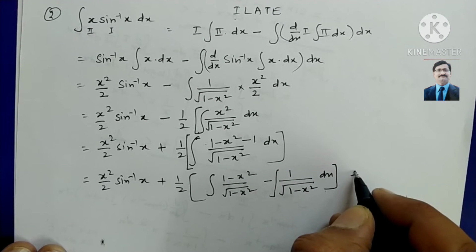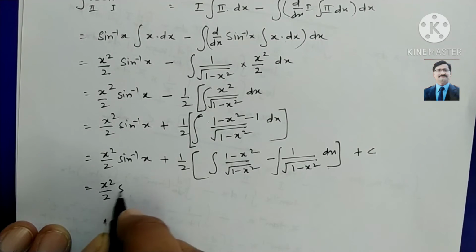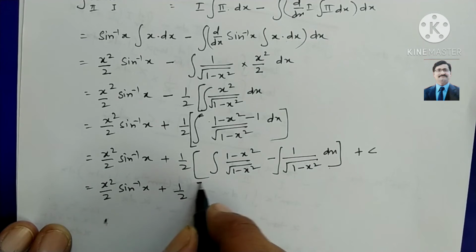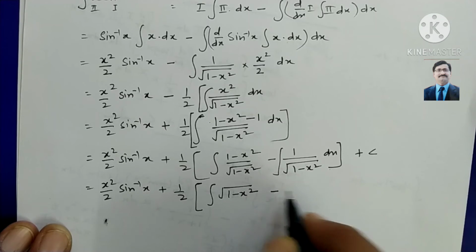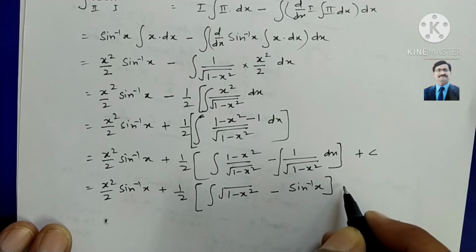Okay, plus c, and here we can write x square upon 2 sin inverse x plus 1 upon 2. Here is integral root 1 minus x square dx, minus this integral is sin inverse x, and plus c.